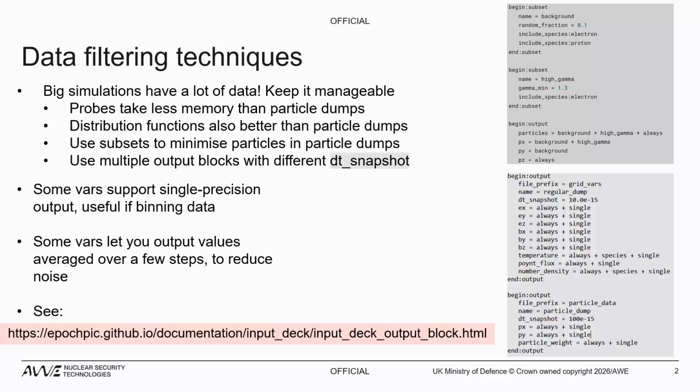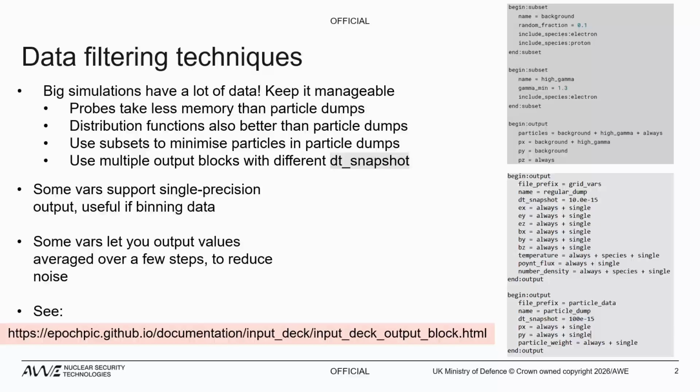You have to filter out the specific things that you want to see, like number densities or temperatures. But even these can still be a bit intensive for the diagnostics, especially if you want to know actual particle properties as well. You could be running into big problems of saying, well, I want to know the properties of some particles, but I just have to output all of them, I guess, and then just ignore about 99% of them.